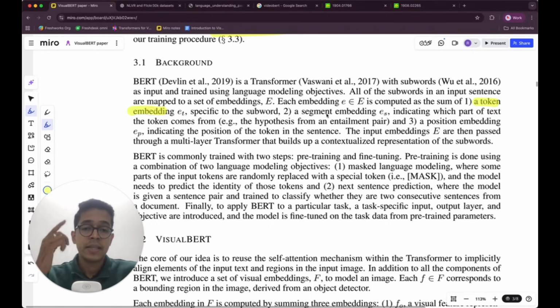Segment embedding says whether it's part of segment A or segment B. Segment A will be the sentence number 1, segment B will be the sentence number 2. So the segment embedding says whether the token that you are currently considering belongs to segment A or segment B. Then last is position embedding. This also is fairly common. The input embeddings E are then passed through a multi-layer transformer that builds up contextualized representation of subwords.